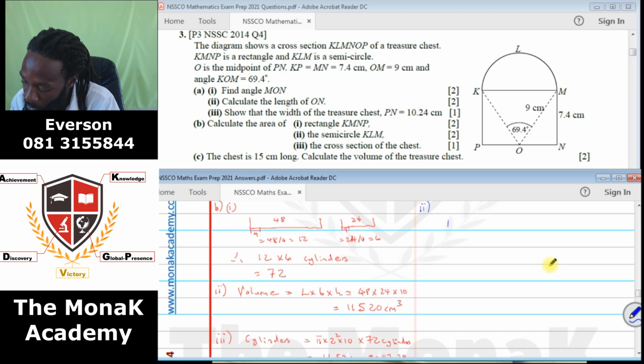So let's first draw. Half of pi r squared, which is half of pi radius, which will be equal to ON, so it's 5.2 squared.